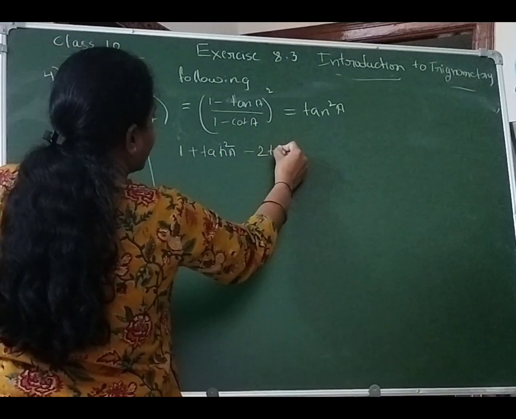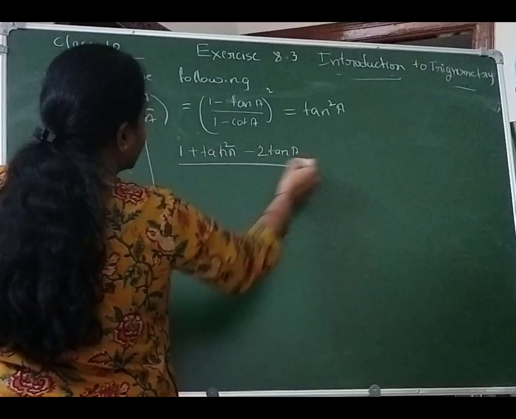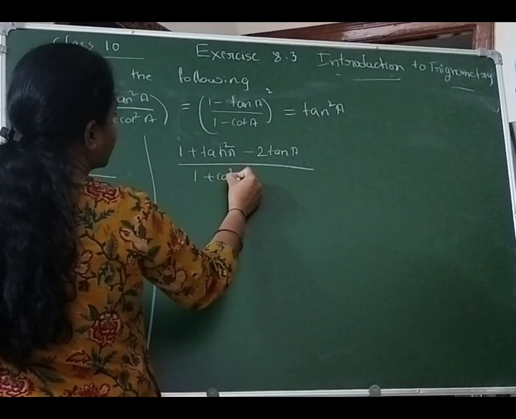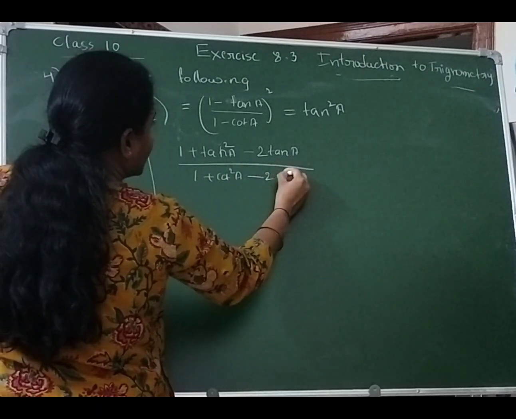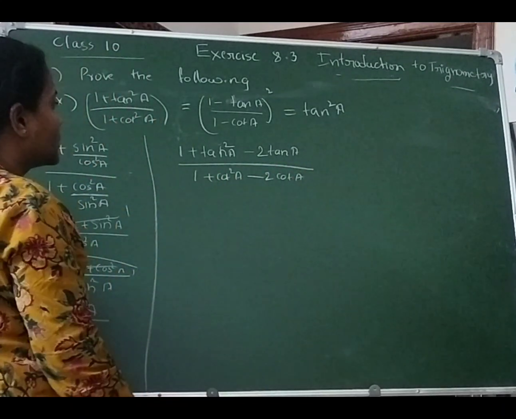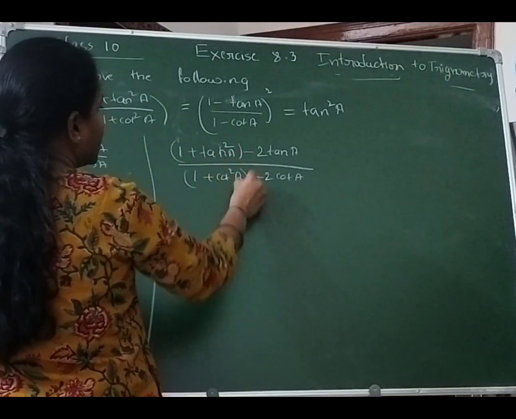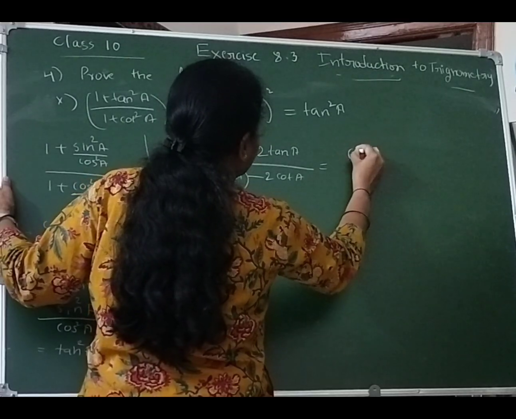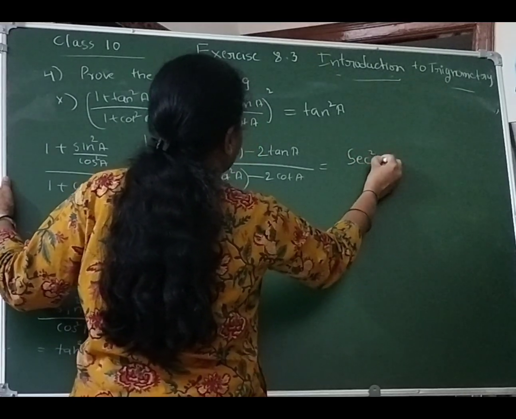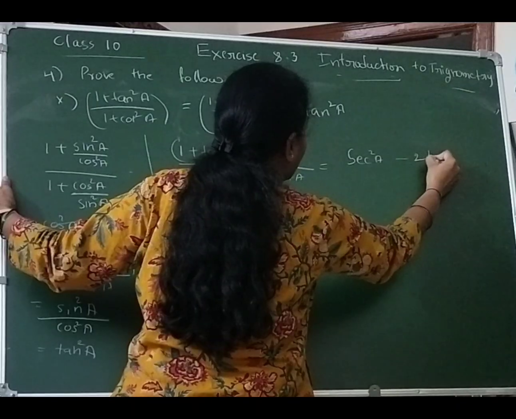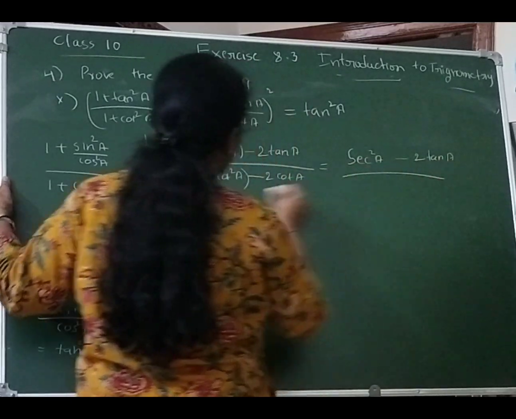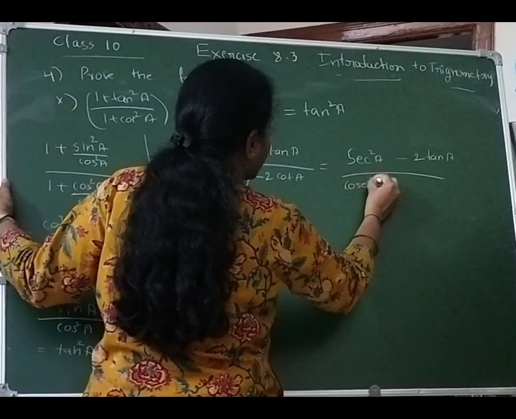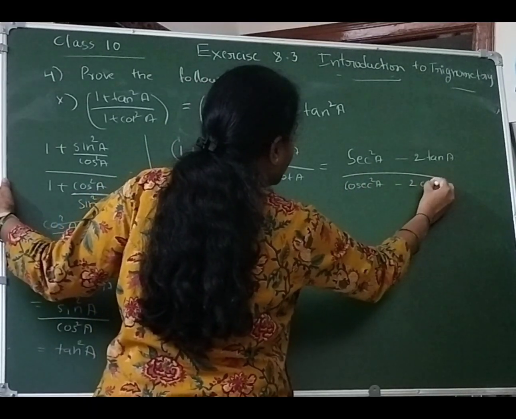So it is 2 tan A. Similarly, in the denominator, it will become 1 plus cot square A minus 2 cot A. So we have the identity 1 plus tan square A and 1 plus cot square A. That is 1 plus tan square A is nothing but secant square A. So numerator will become secant square A minus 2 tan A. So similarly, applying the identity 1 plus cot square A is equal to cosecant square A, denominator will get cosecant square A minus 2 cot A.